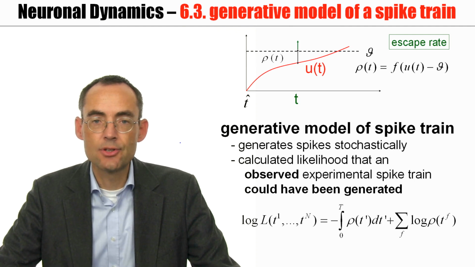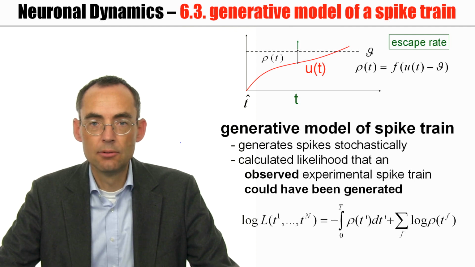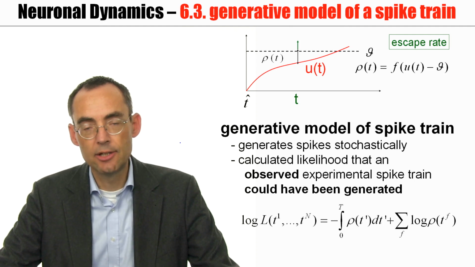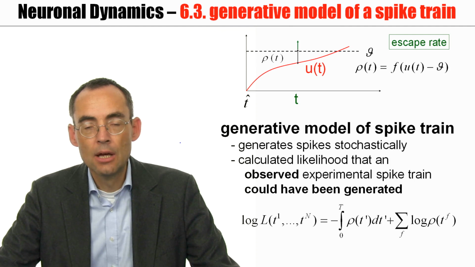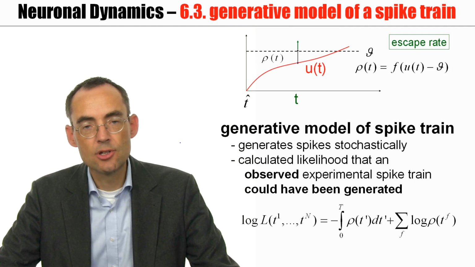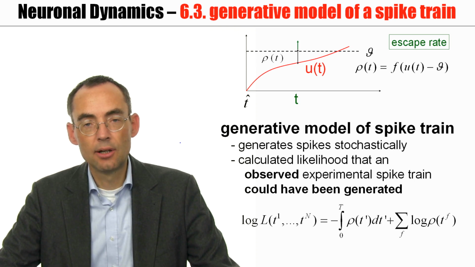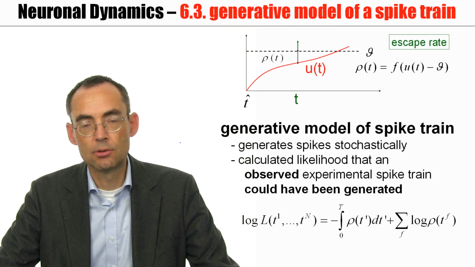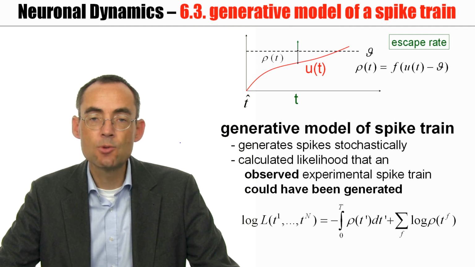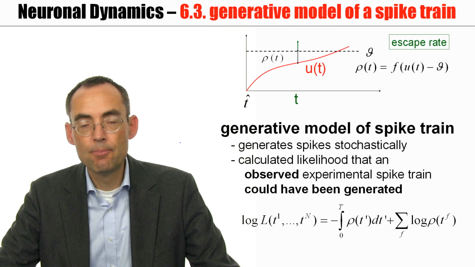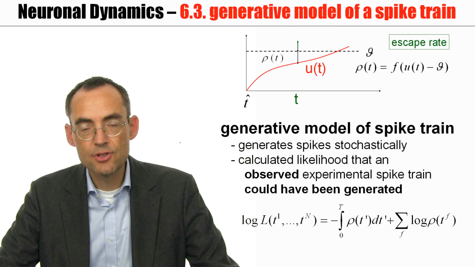And the nice thing is, we can calculate this likelihood. Now a model, such as the integrate-and-fire model, will have parameters, for example, the threshold. We are able to calculate this likelihood for different values of the threshold. And as we will see next week, this is the basis for optimizing parameters of such a neuron model.